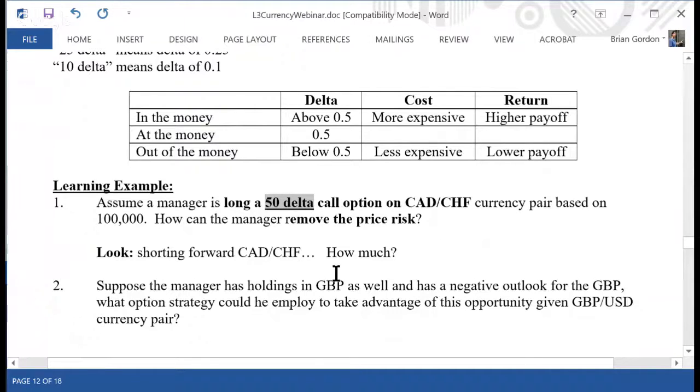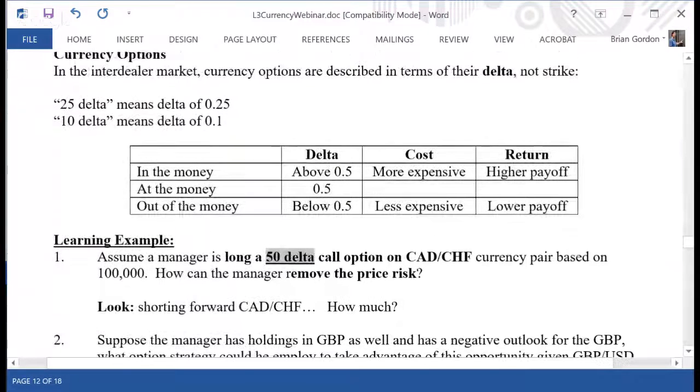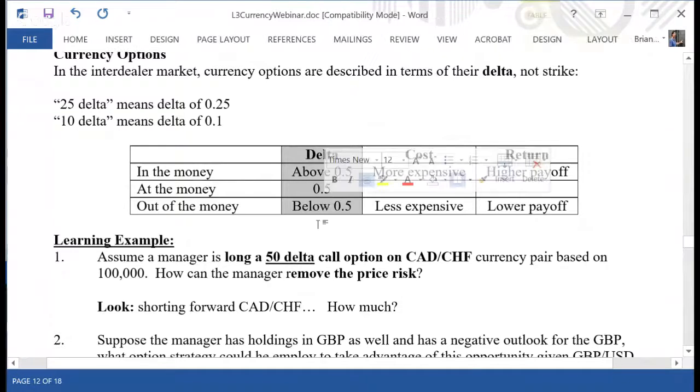And you know what a delta is from basic option theory. That tells us how the option changes when the underlying changes. It tells us something about the price risk. So what is the interpretation of delta 50? In the currency options, we start to talk about options in terms of deltas, not necessarily in terms of premiums. So for a call option, the delta ranges from 0 to +1.